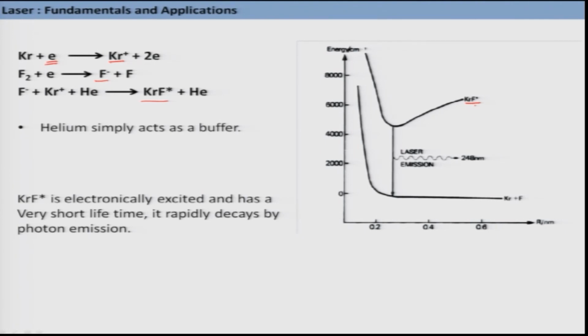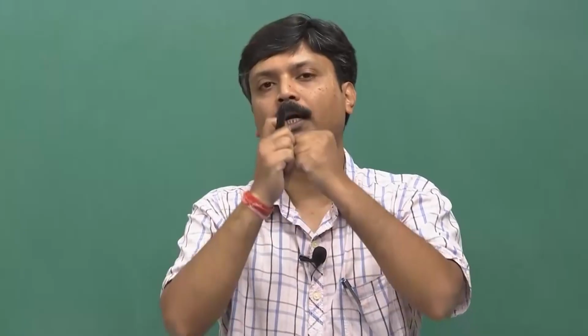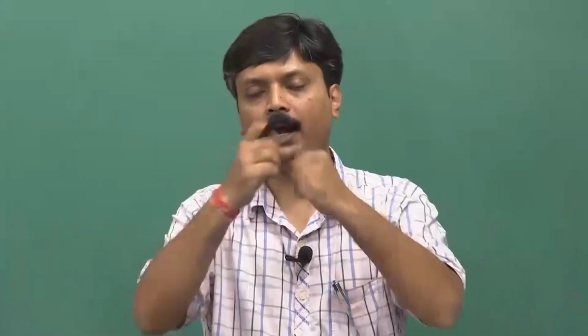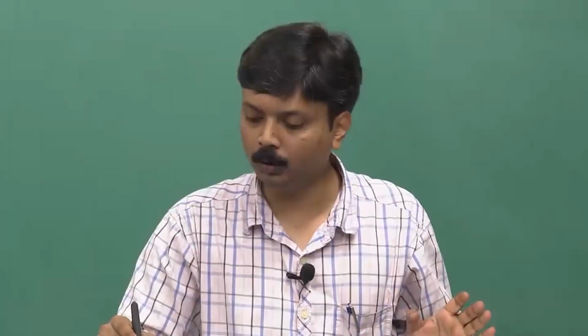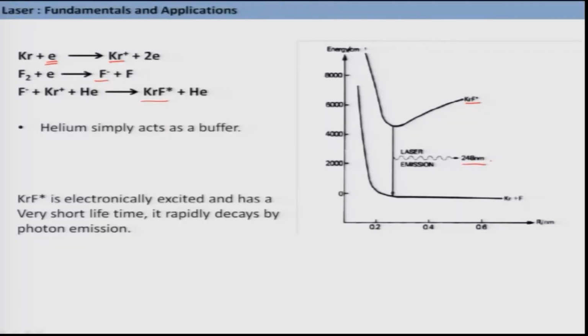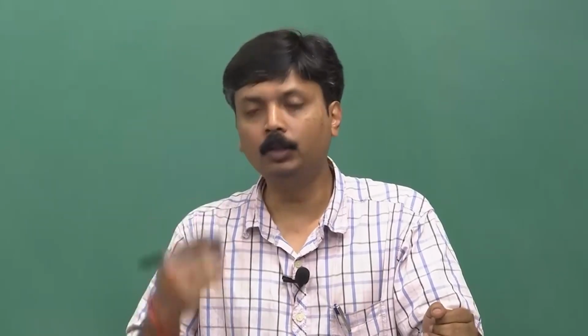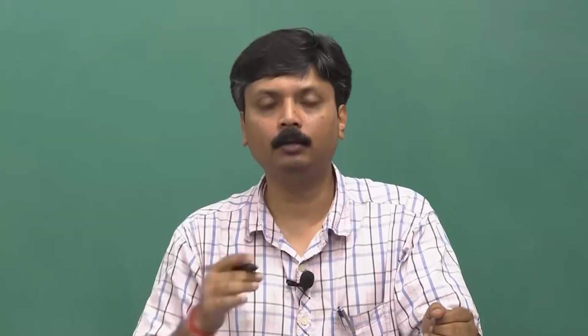It's not a ground state. This is an excited state. So they will come back. When they come back, they again are dissociated, and when coming back, they will emit the photon, and that's my laser output, and that corresponds to 248 nanometer, which falls in the ultraviolet region. So this excimer laser, particularly this krypton fluoride laser, is a good source of UV light.